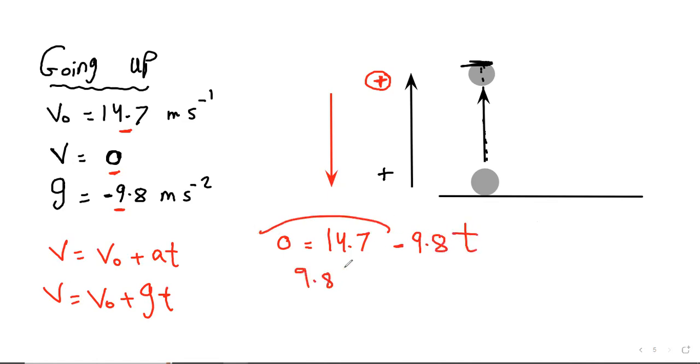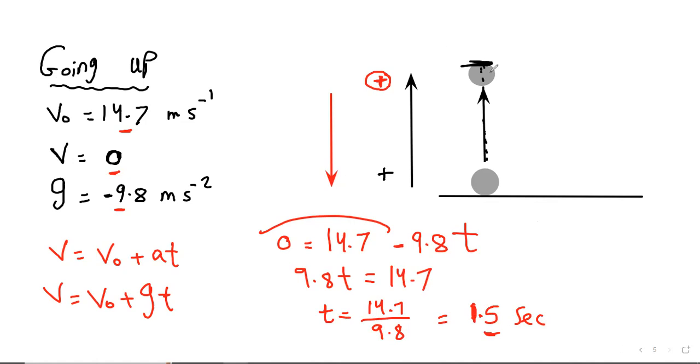Then 9.8 T equals 14.7, so T equals 14.7 divided by 9.8 equals 1.5 seconds. That's the time of the ascending of the stone.